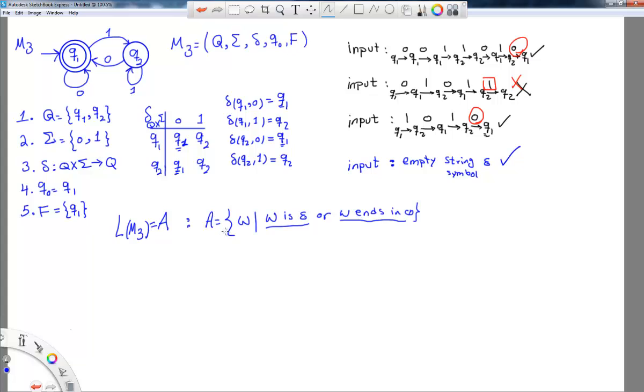So in the case of m sub 3, the language is the set of all strings that either end in a 0 or are empty. And the reason that our language accepted the empty string was because the start state was one of the accept states. Remember, accept states is a set of states that the machine accepts, and if that set contains the start state, then your machine recognizes the empty string.